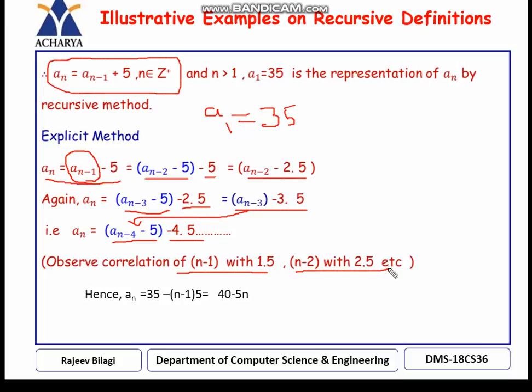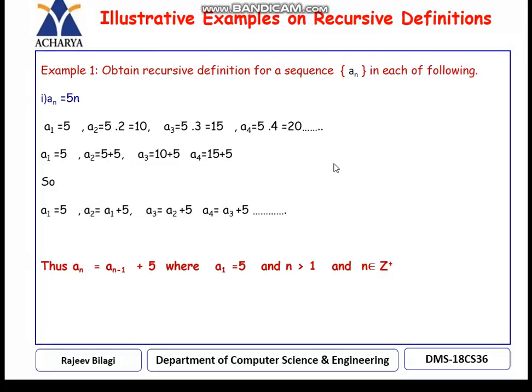Like this, I can write it as an equals a1 minus 5 into the bracket n minus 1. When I substitute a1 equal to 35, I get the same value, that is an equals 40 minus 5n, which is the same as the explicit method.